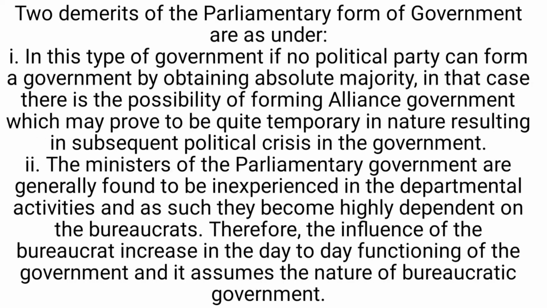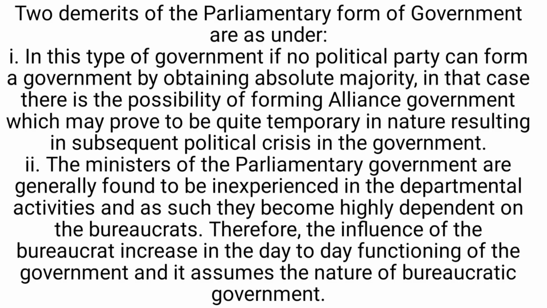2 demerits. Number 1. In this type of government, if no political party can form a government by obtaining absolute majority, in that case there is a possibility of forming an alliance government, which may prove to be quite temporary in nature, resulting in subsequent political crisis in the government. Number 2.